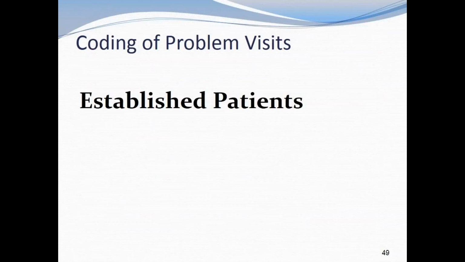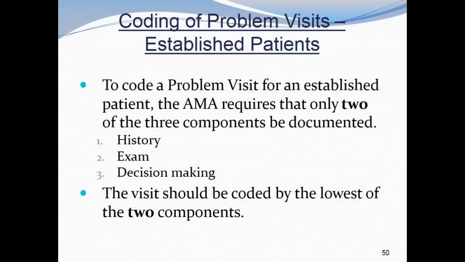Okay, and then we have established patients. To code for an established patient, you actually only have to have 2 of the 3 key components. So you have to have some history and some exam, or you have to have some history and some decision making. Now, I usually say that you have to have decision making, because how else are you going to tell the patient what they're going to do? You know what I mean? So you'd have to have some history and decision making, or some exam and decision making is what I would think. But that's just me.